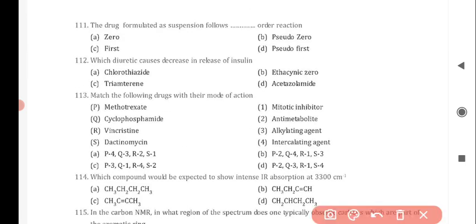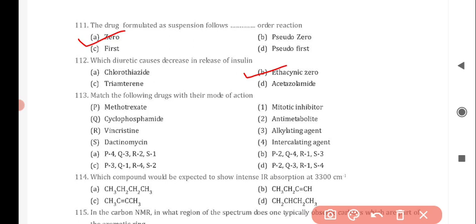Next question is the drug formulated as suspension follows dash order reaction. And the correct answer is option A, zero order reaction. Next question is which diuretic causes decrease in release of insulin? And the correct answer is option B, ethacrynic acid. Next question is match the following drugs with their mode of action.